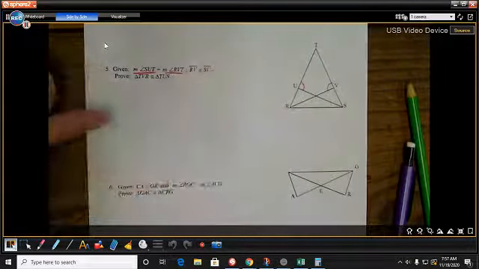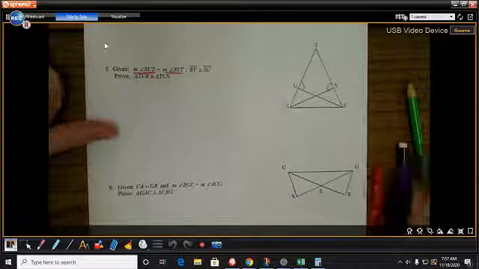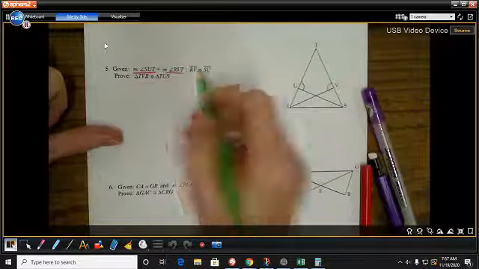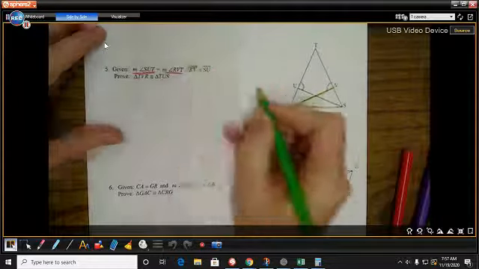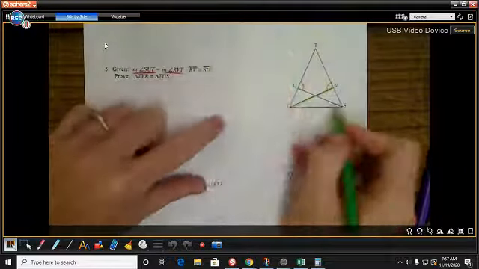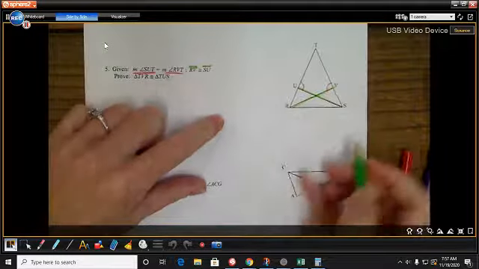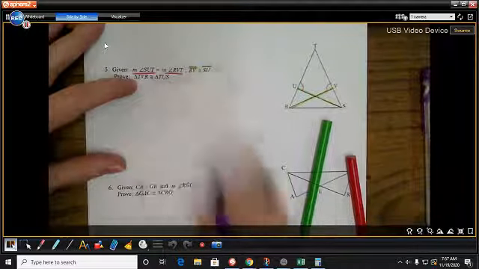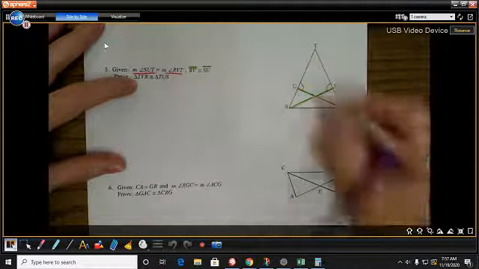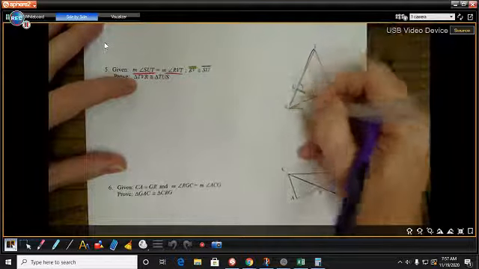So I've marked them both in red. And I know that segment RV, that's this guy, is congruent to segment SU. That's this guy right here. And I'm trying to prove that triangle TVR, I'm going to take my purple now, that's this guy, TVR.